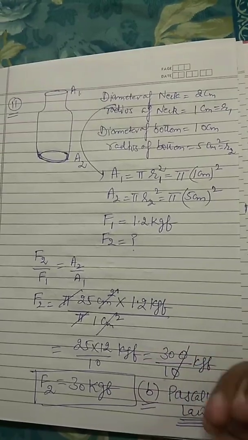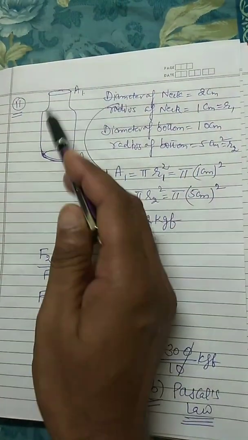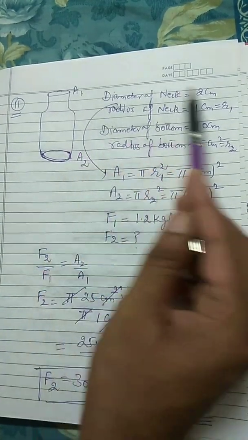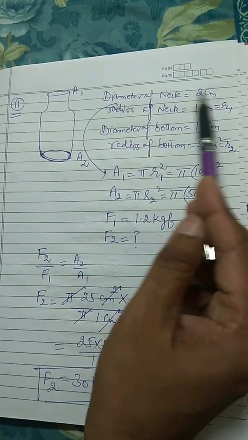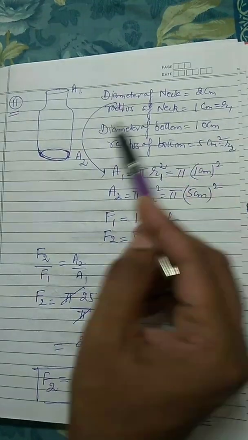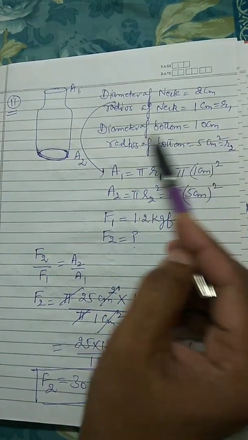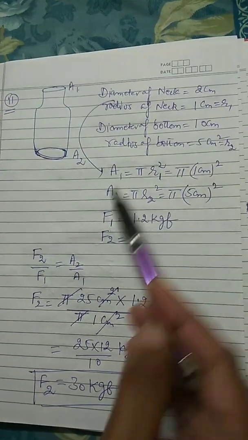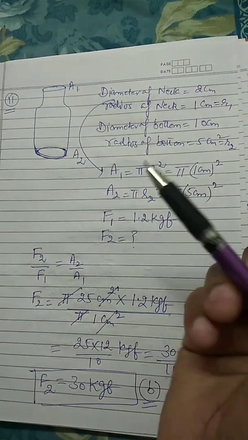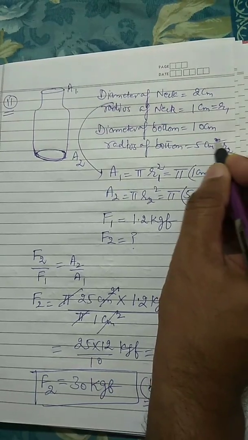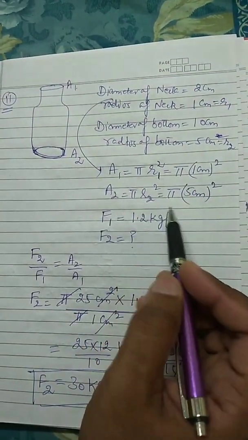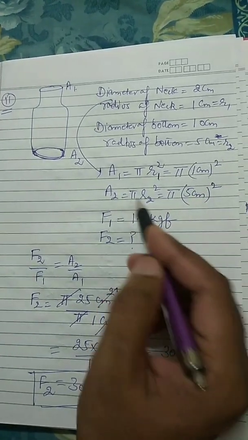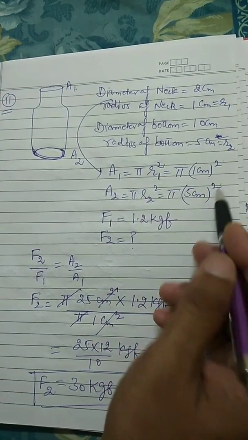In the 11th numerical, here is the bottle. According to the statement, the diameter of the neck, the smaller one, is 2 centimeter, so the radius will be 1 centimeter. The diameter of the bottom is 10 centimeter, divide by 2 to get radius 5 centimeter. So A1 is pi r1 square, and A2 is pi r2 square. Substitute the values: pi times 1 centimeter square, and pi times 5 centimeter square.